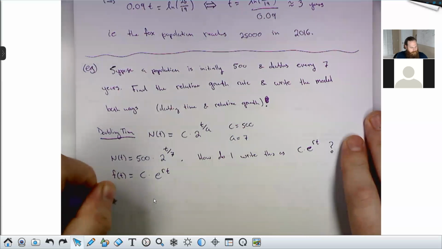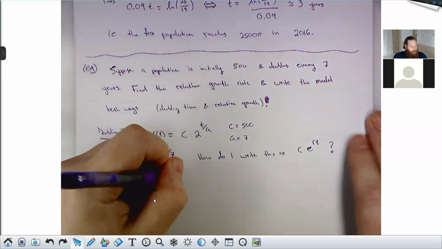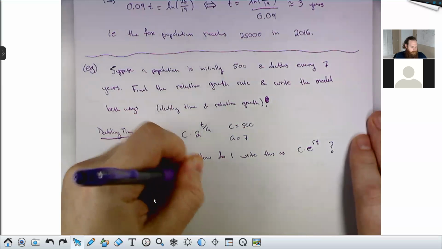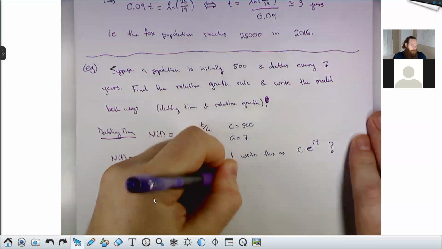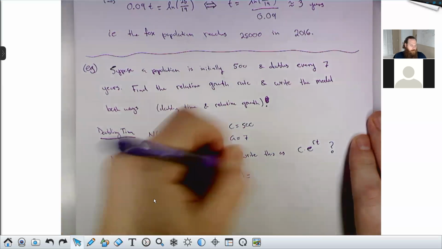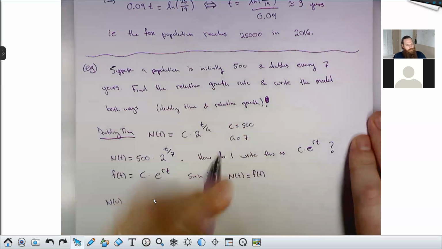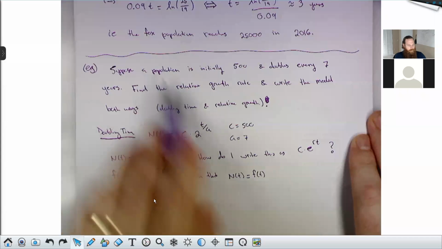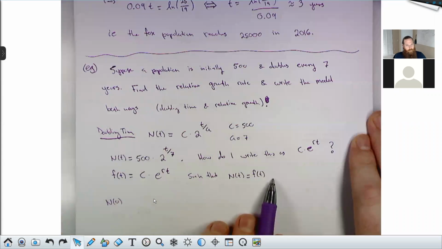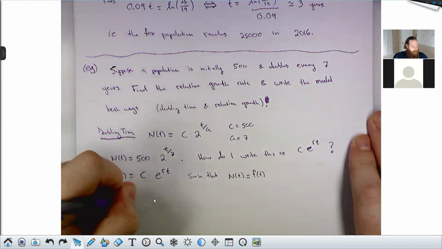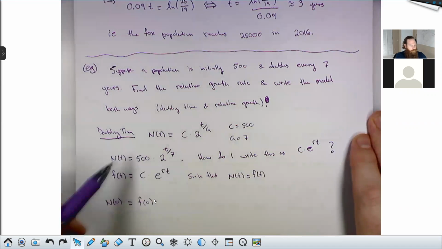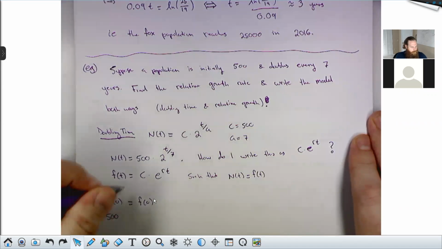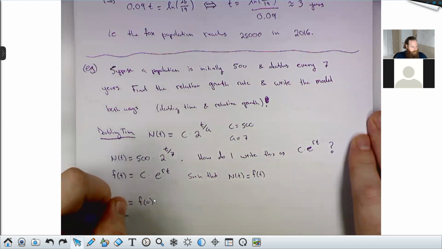So N of 0, in other words, what we want to do is such that N of T is equal to F of T, right? These things are both measuring the same thing. They're both measuring the same population. So they should always be equal to each other. In particular, when you plug in 0, they should be equal to each other. If you plug in 0 on the N of T guy, you get 500 times 2 to the 0, which is just 500.